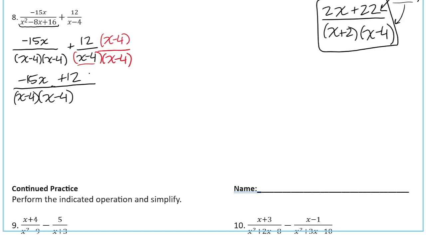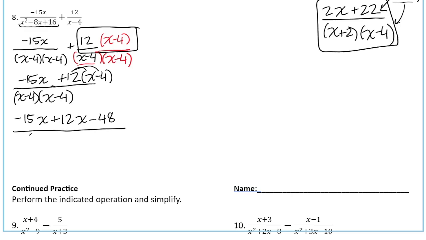Negative 15x plus 12 does not factor, oops, I keep forgetting things. I have an x minus 4 that I multiplied in the top, silly me. So I do need to actually multiply it out. So I have negative 15x plus 12x minus 48 over x minus 4 times x minus 4.